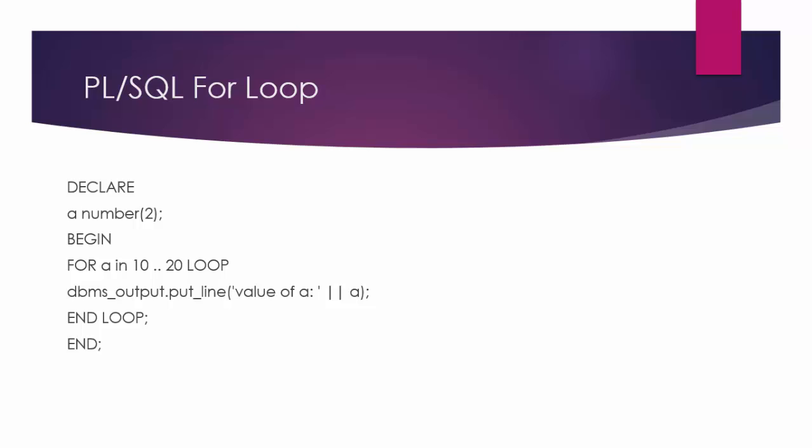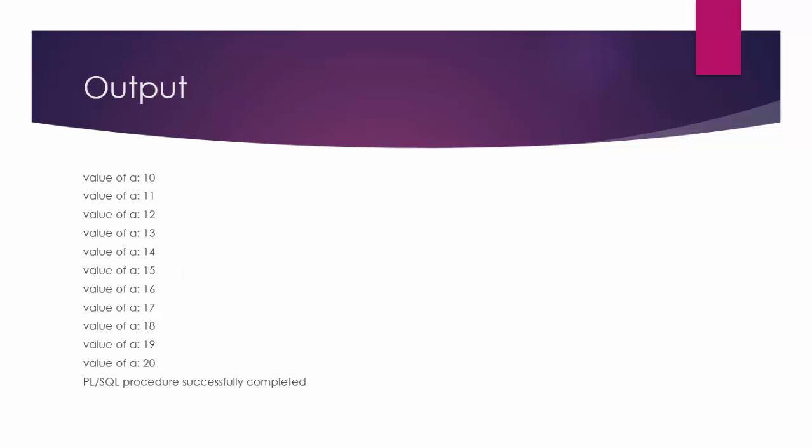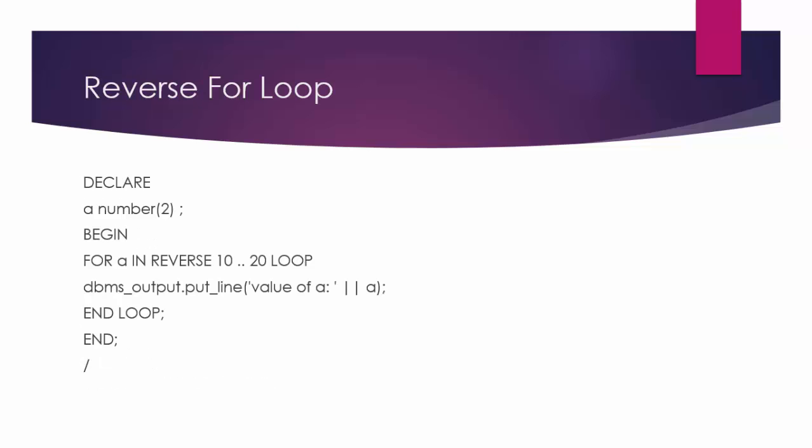It will start from 10, and till it is 20, it will keep repeating the part of code that you write inside this loop. Here we are just printing the value of a, which will be 10, then 11, 12, 13 till 20.